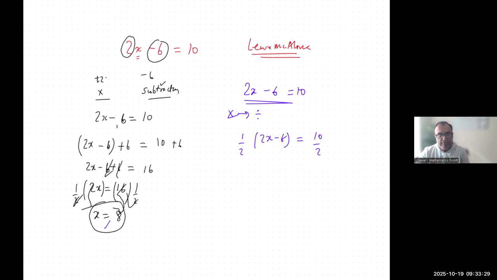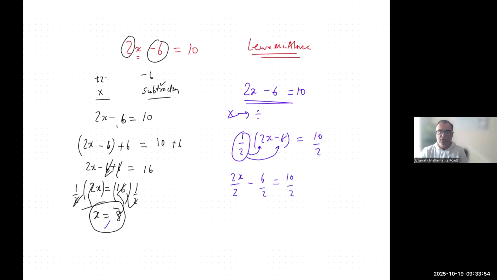This half is going to get multiplied to every term inside the bracket, the distributive law. Let's do it. 2x over 2, take away 6 over 2 equals to 10 over 2.